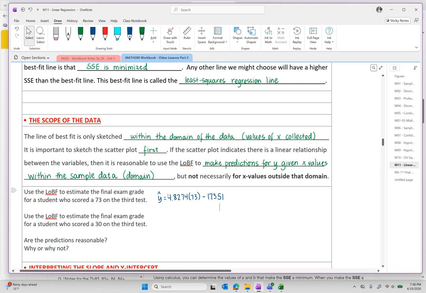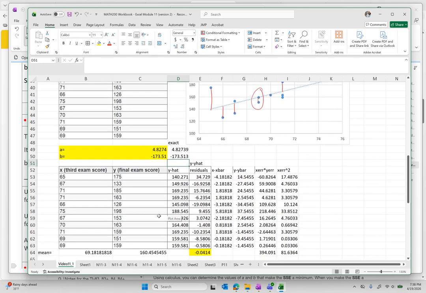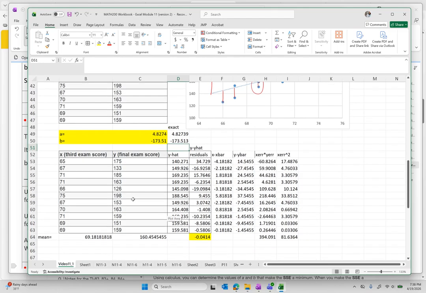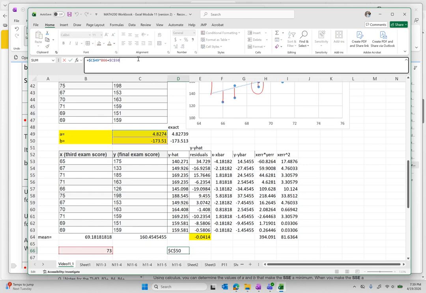And I will just use my Excel here. And notice here that we don't have a 73 as an x value, so I'm just going to add it here in the bottom. So let's say 73 for my x, and I will just copy the y hat equation here, and it will use the 73 as the x value and the same a and b's that I used.